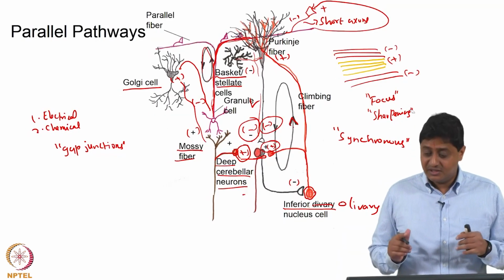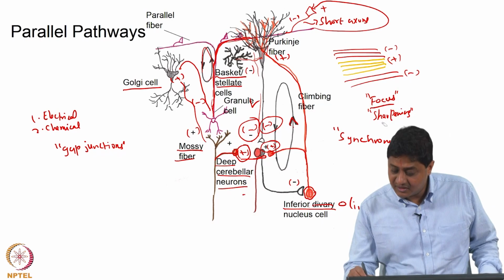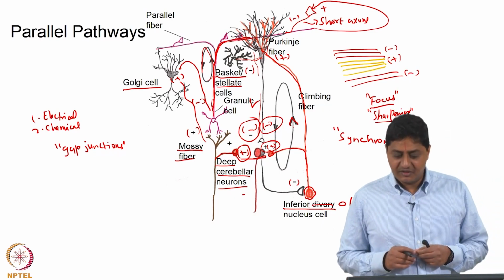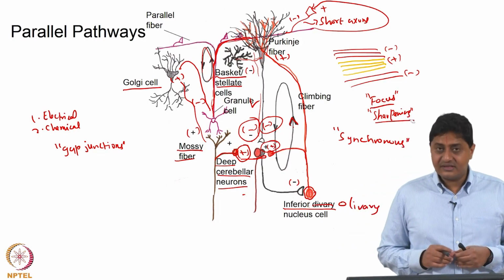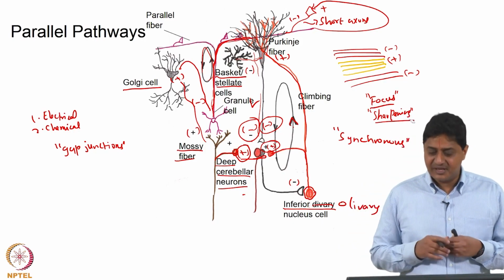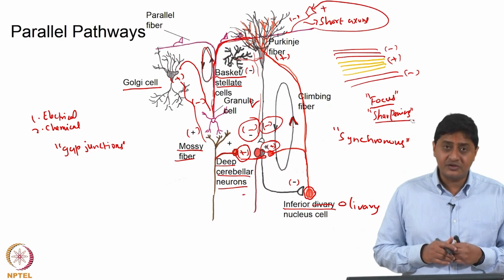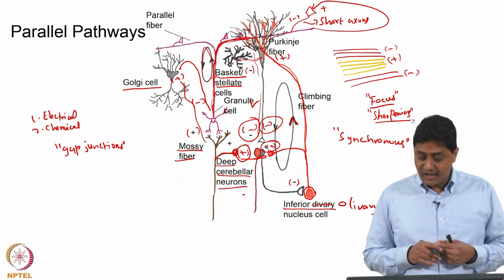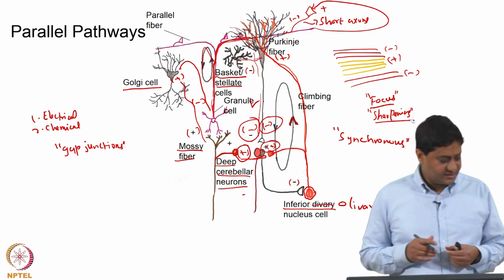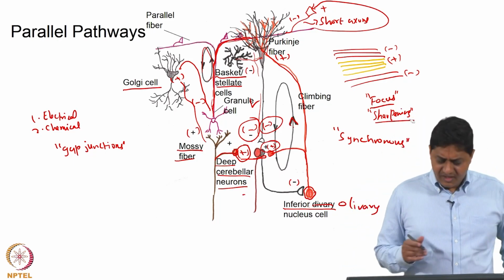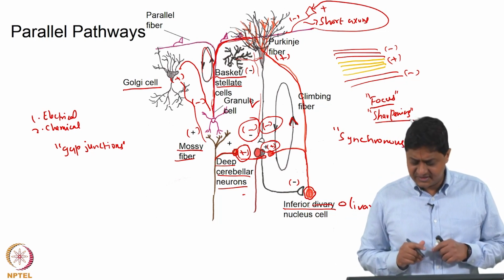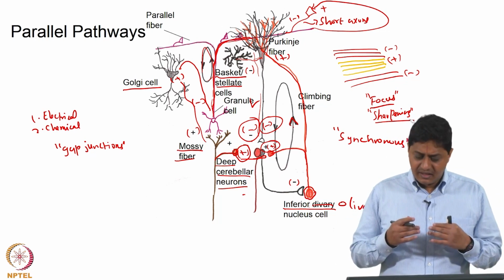Basket cells function to focus or sharpen the outputs of the Purkinje system. So, both stellate and basket cells are inhibitory interneurons, but their functions are different. There are other cells whose functions are not discussed in this class.